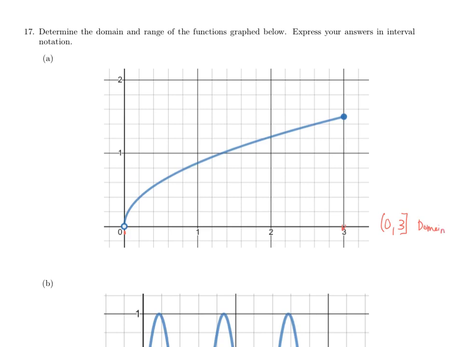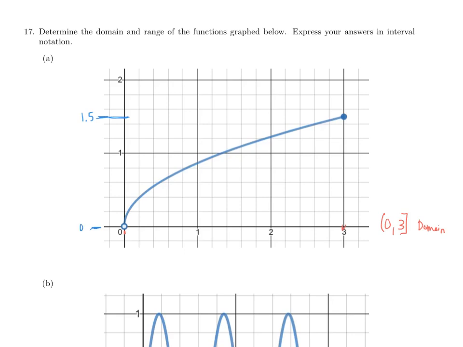Okay? Now your range is bottom to top. So how far down does it go and how far up does it go? So this goes to right about here. And so you need to make sure you figure out where that is. It's right about in the middle of 1 and 2. So I would say 1.5. I think that's a reasonable estimate there.